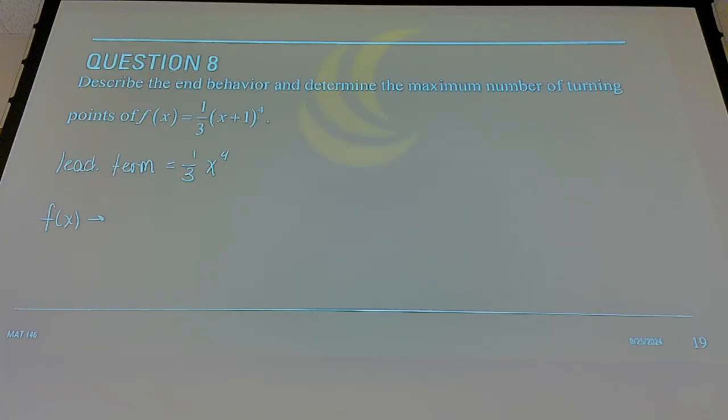What does f of x do on the left? Positive constant, even power. Increases without bound. What about on the right?